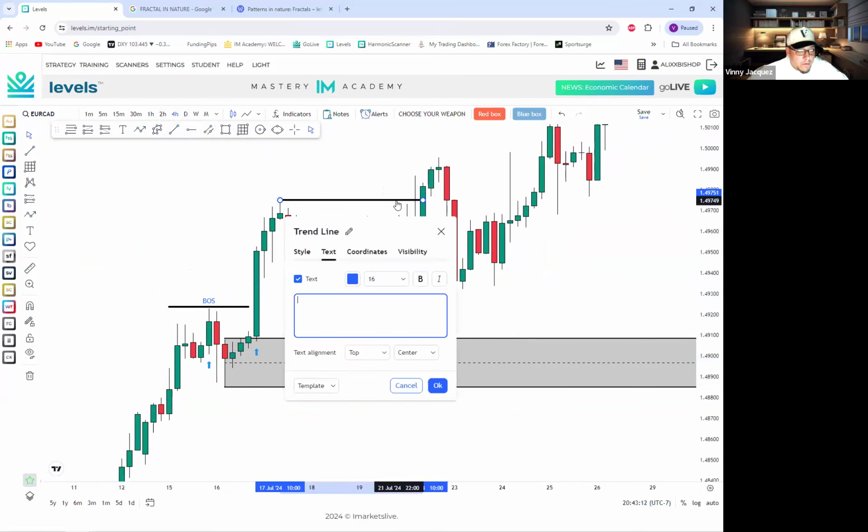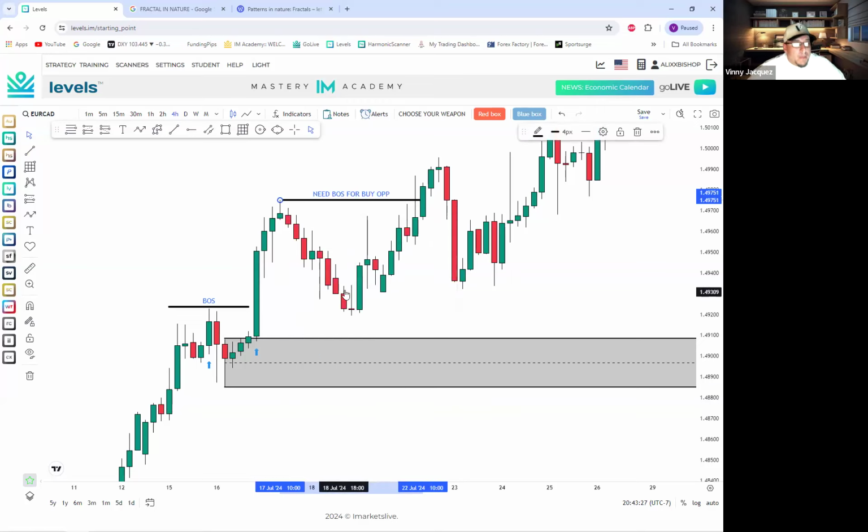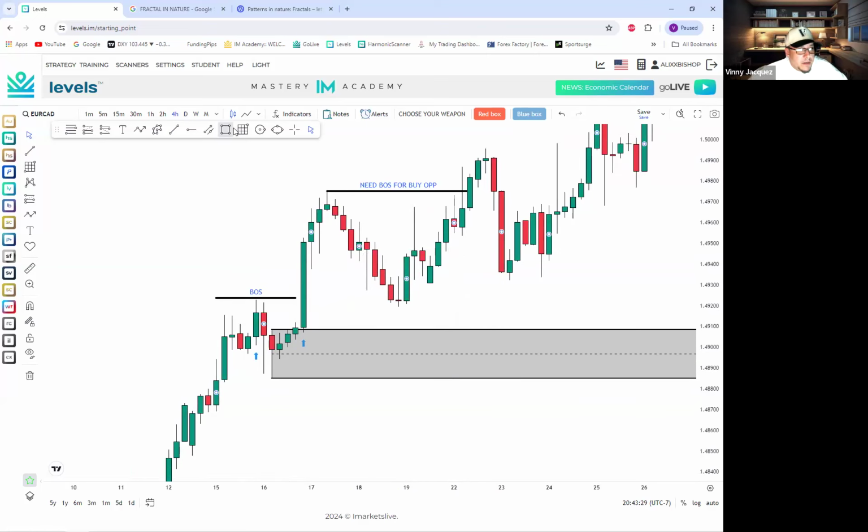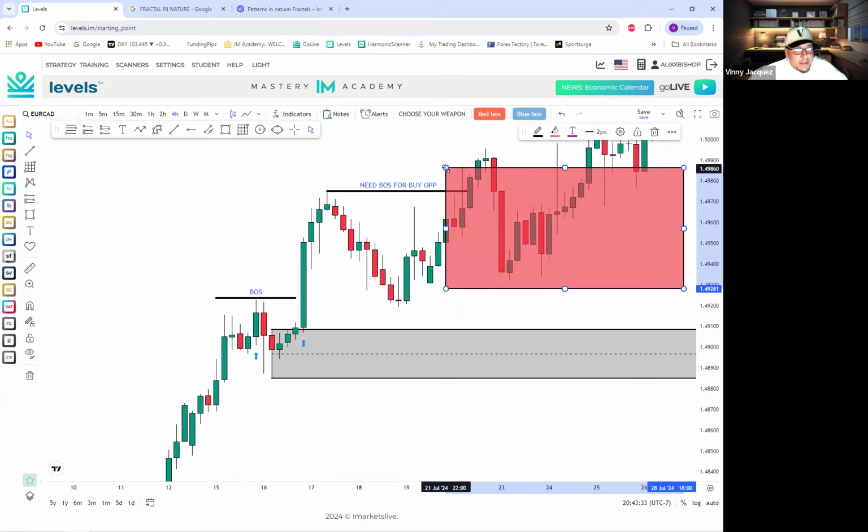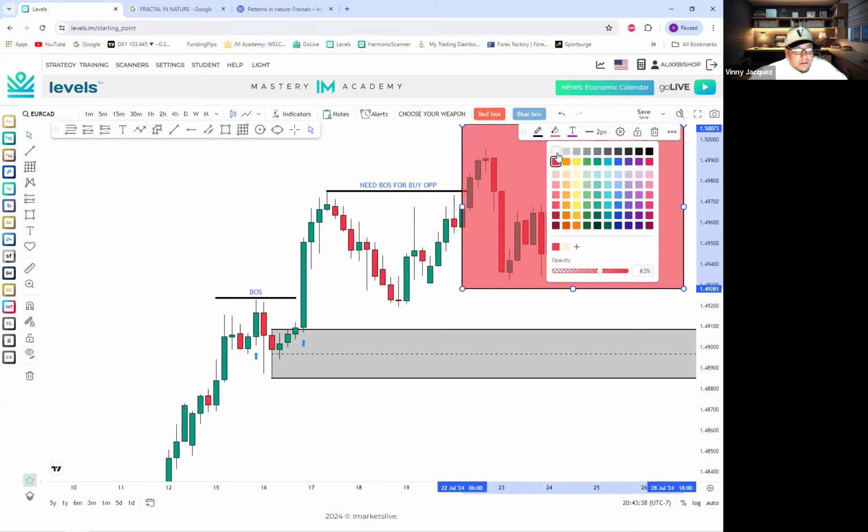Need BOS for buy confirmation. Because at the end of the day, guys, remember, this hasn't happened yet. Let's just draw a massive box.